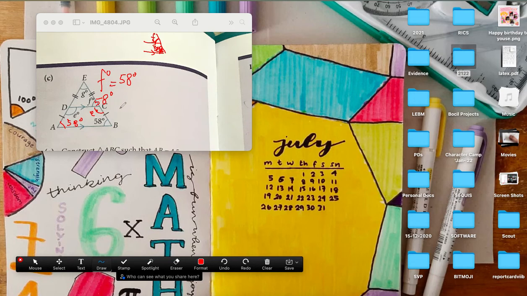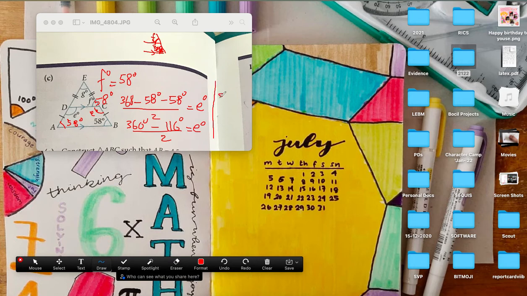So then here I'll be having 360 degrees minus 58 degrees minus 58 degrees, and I'll divide it by 2. So it will be 360 degrees minus this total, 116 degrees, divided by 2. Let me use this empty space.